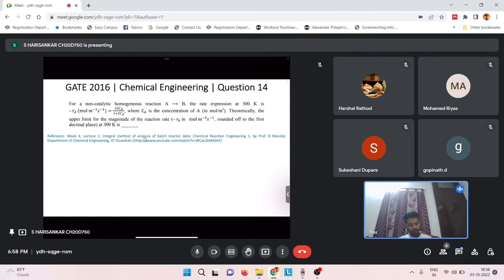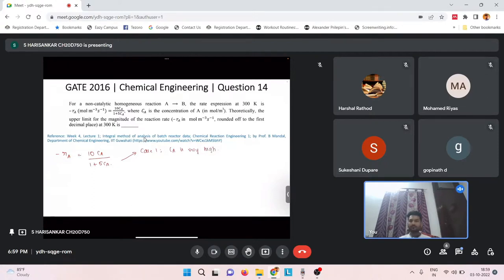Here they have given that the reaction rate minus Ra is equal to 10 Ca by 1 plus 5 Ca. So this is a shifting order reaction, which means there are two cases here. Case 1, when Ca is very high.